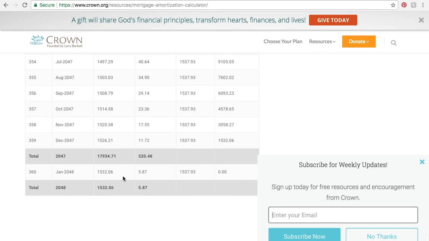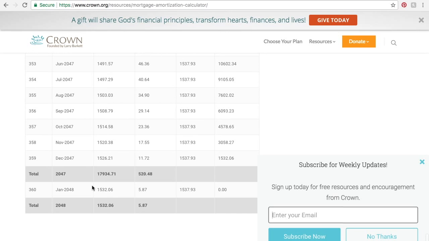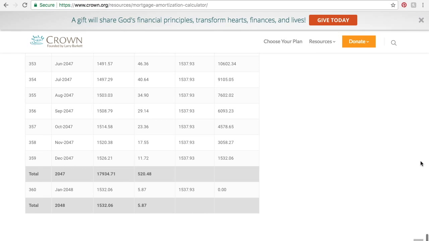So our very last payment here, assuming that we paid every single payment for 30 years on time, and we never paid any extra payments, we never put any extra money down towards the principal, our very last payment, which is still the same monthly payment, $1,537.93.